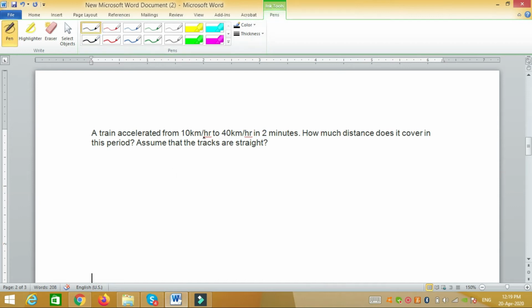Here the train is accelerated from, this is the initial speed that is given to you, 10 km/h. You have to convert it into meter per second first, that is 10 into 5 by 18, which, if we cut it with 2, gives 25 by 9 meter per second.